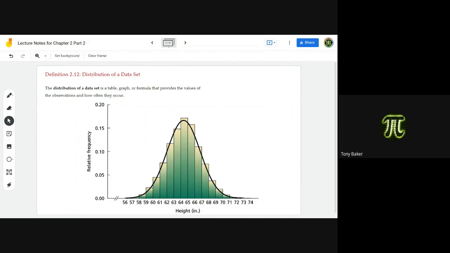Within 1 standard deviation of the mean, you'll have 67% of all your data. So 67% of everybody is within 1 standard deviation of a mean of height. 2 standard deviations is 95% of the people. 3 standard deviations is 99.7% of the people. So if you're outside of 3 standard deviations away, you're at the 0.03% in the population.